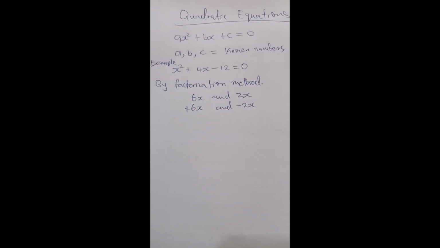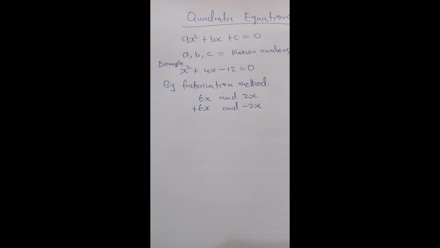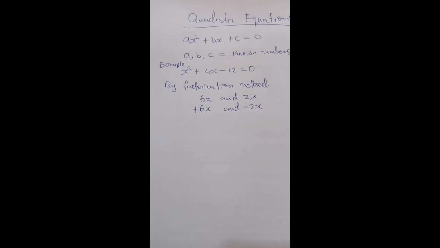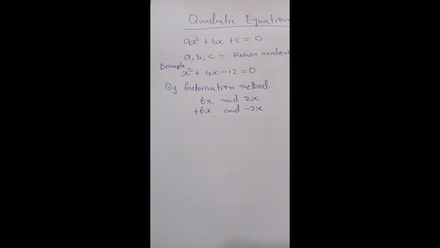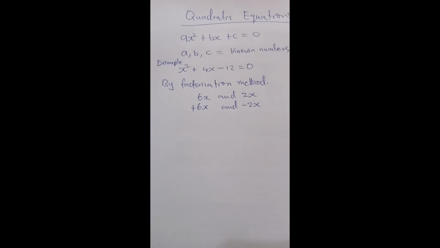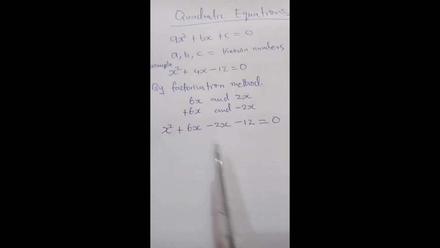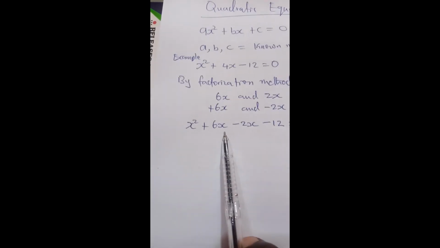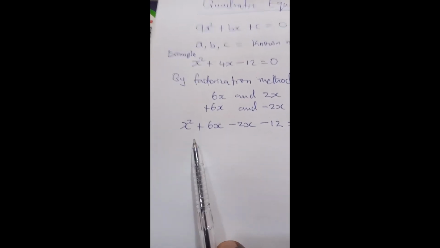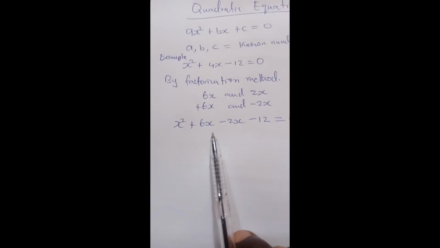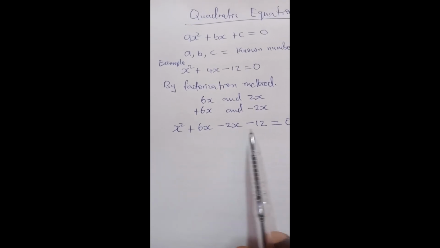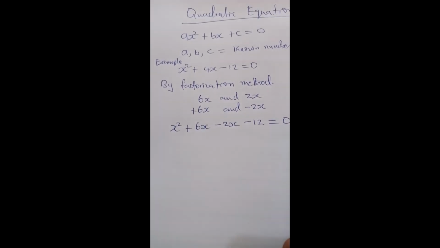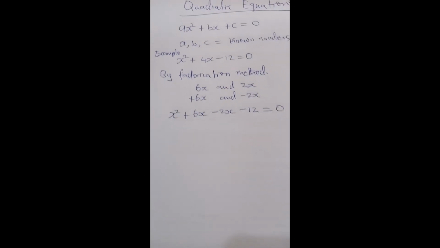So we will now go ahead and insert our factors in the place of the 4x that we had initially. When we do that, it becomes x squared plus 6x minus 2x minus 12 is equal to 0. So this is what we have.